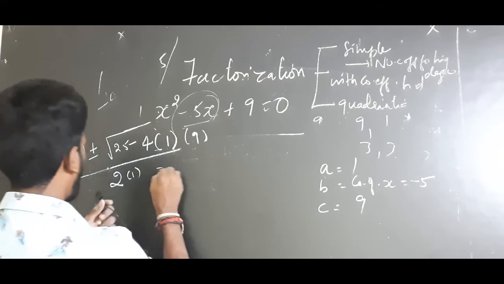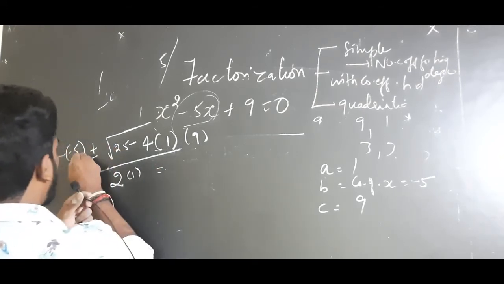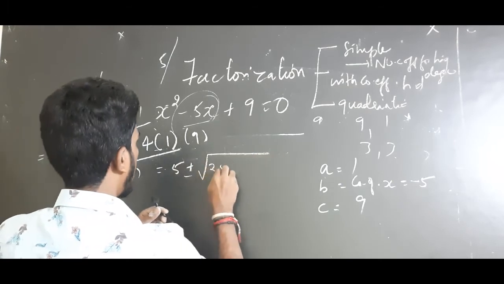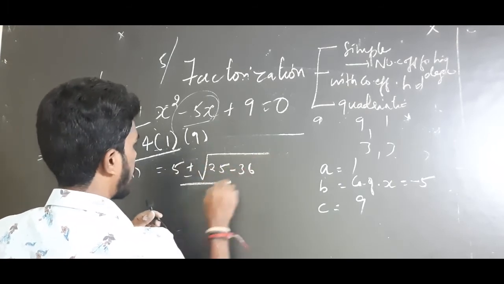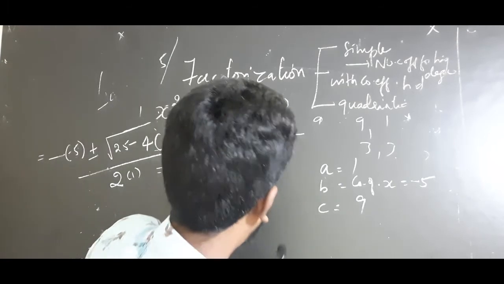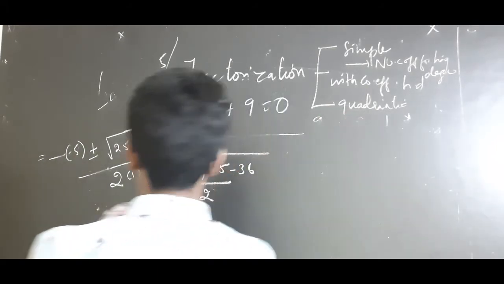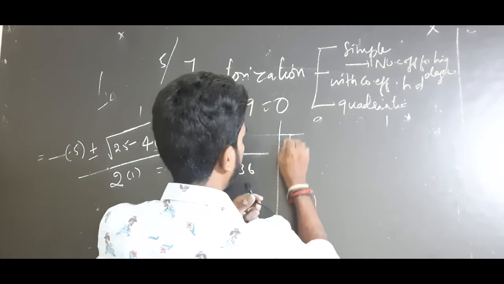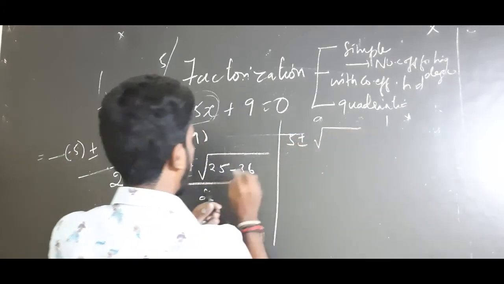So solving this equation, I get minus multiplied with minus is positive 5, plus or minus root of 25 minus 36, divided by 2. So I will be getting 5 plus or minus root of 25 minus 36.